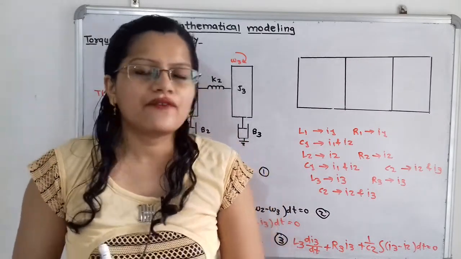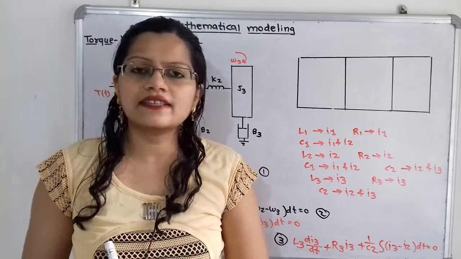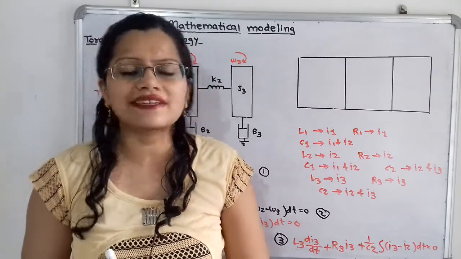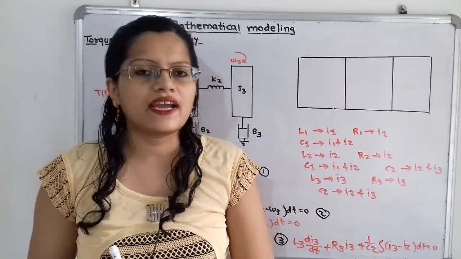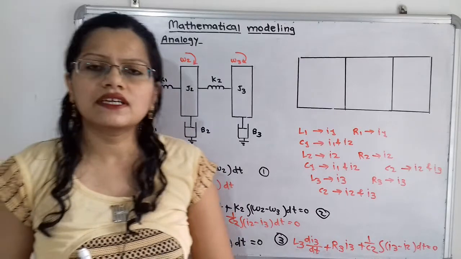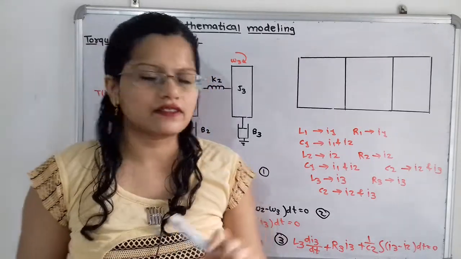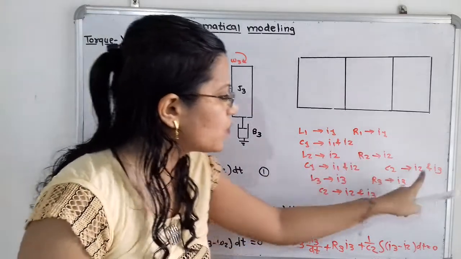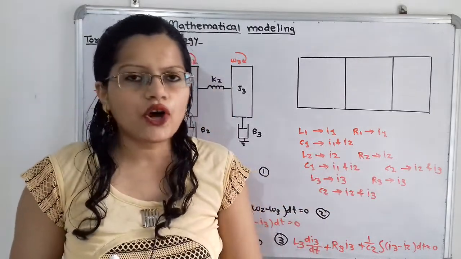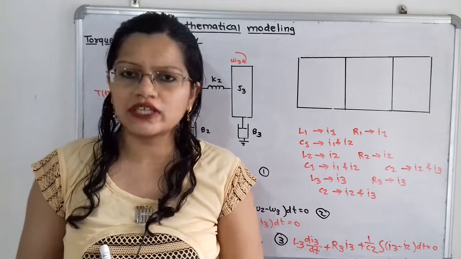Now we know that when the elements are connected in series, the current flowing through those elements is the same, and when they are in parallel, the current flowing through them is different. If we observe, there are a total of three currents, I1, I2 and I3. So I will draw three loops parallel to each other.